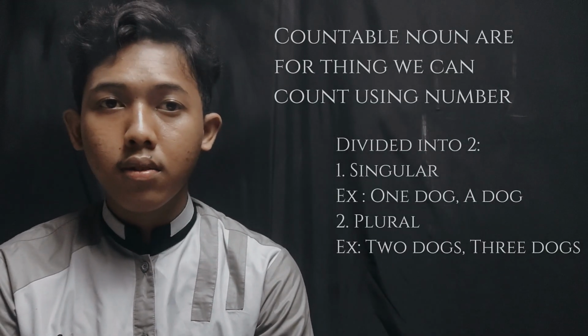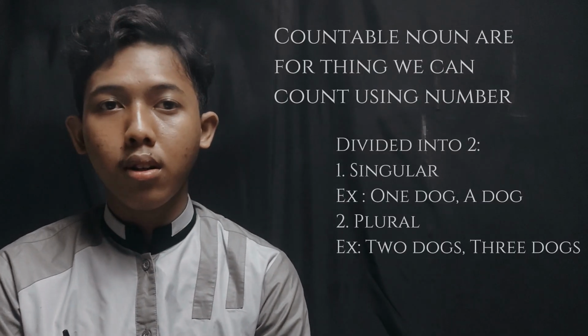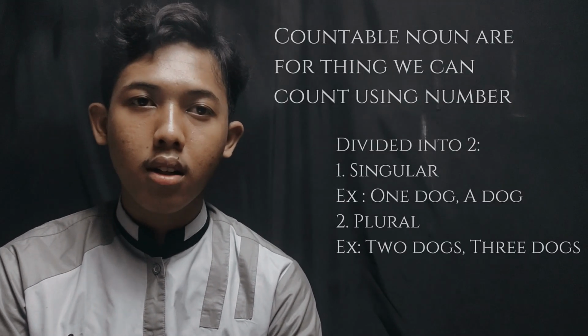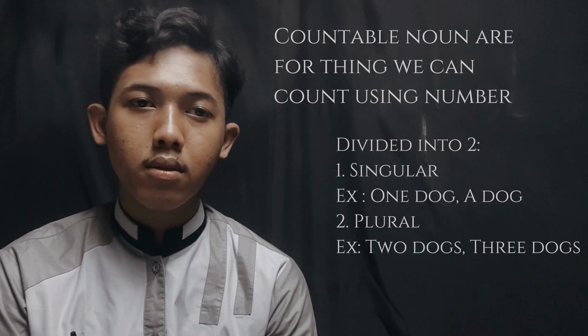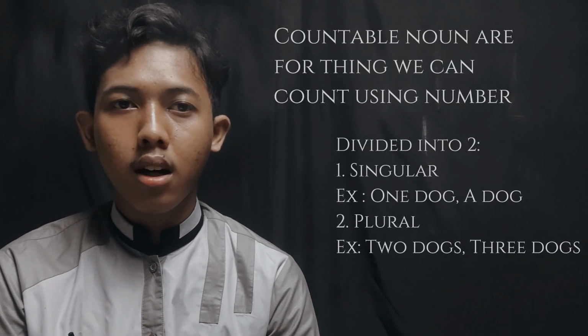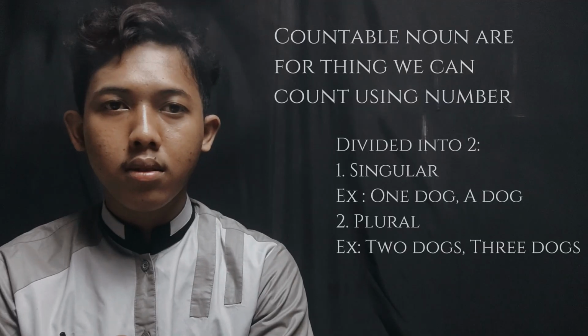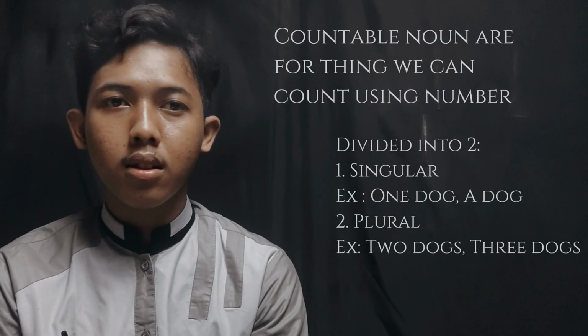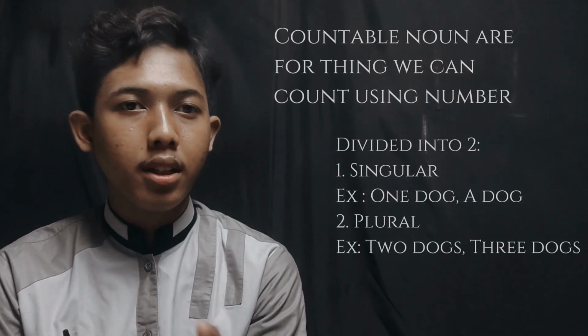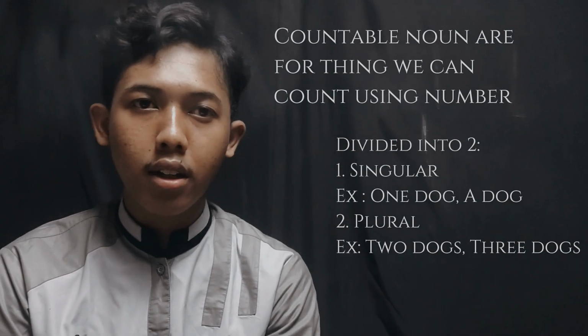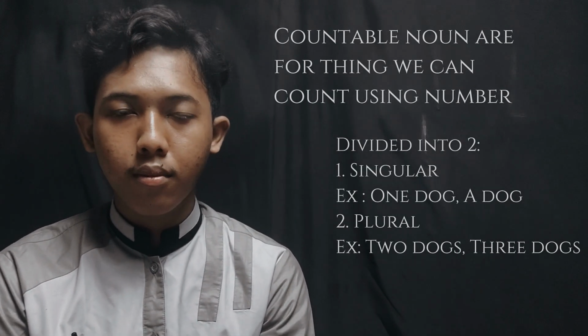The singular, for example, a dog or an apple, one dog. And next plural, for example, two cats, three cats, two dogs, and three dogs.